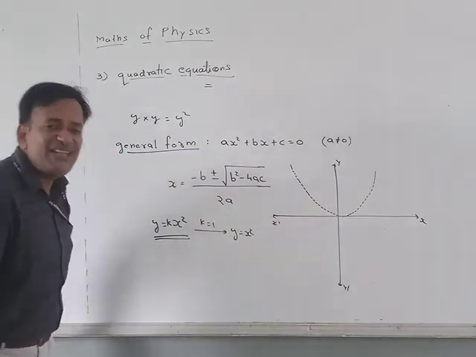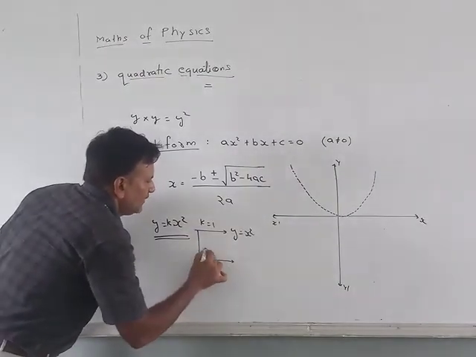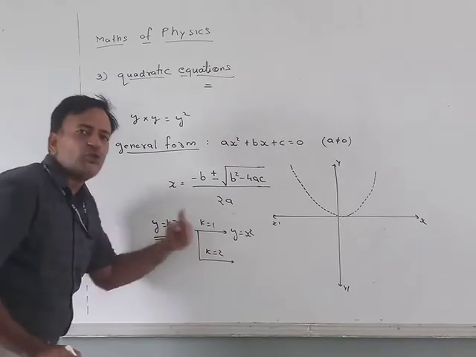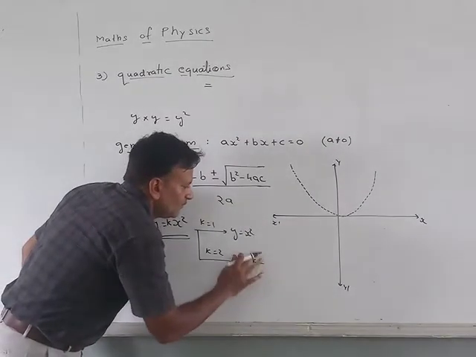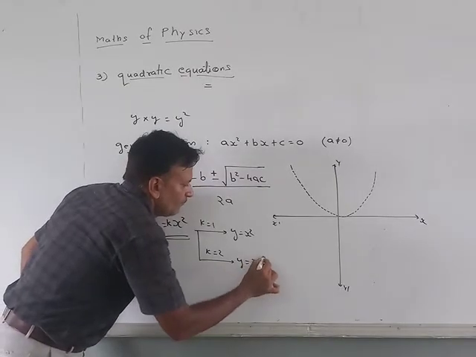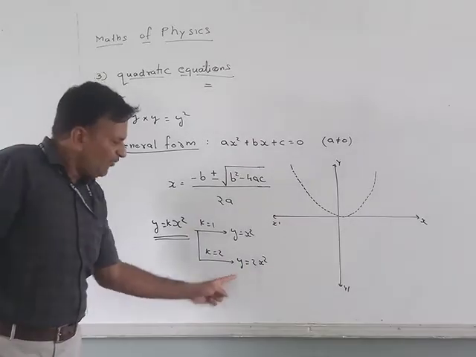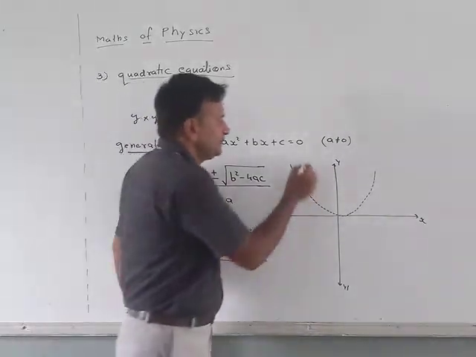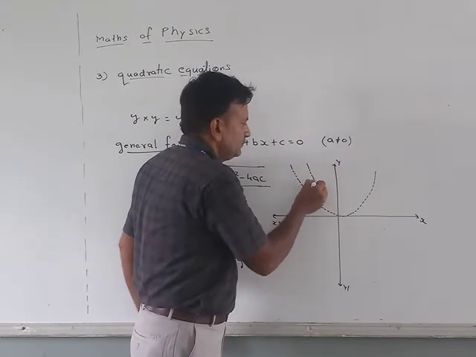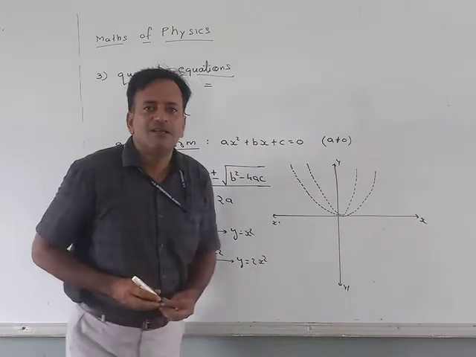Again, if I change the value of k, I put k equal to 2, the equation becomes y equals 2x square, and the graph of this is this.